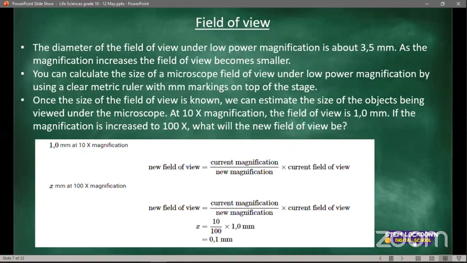So if you have, let me say, 1.8 millimeters of field of view, that is the diameter of the field of view, and then the length of the specimen in the drawing, or the fraction of the field of view covered by the image, will be given to you.